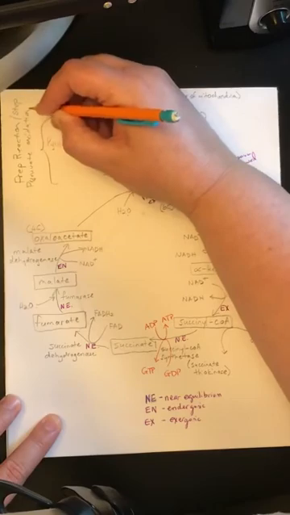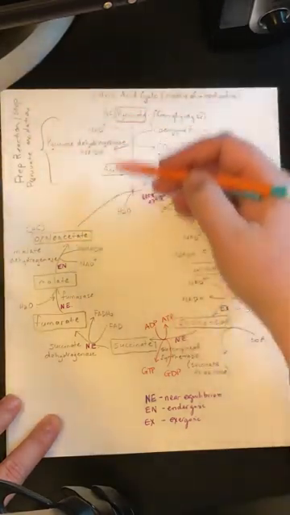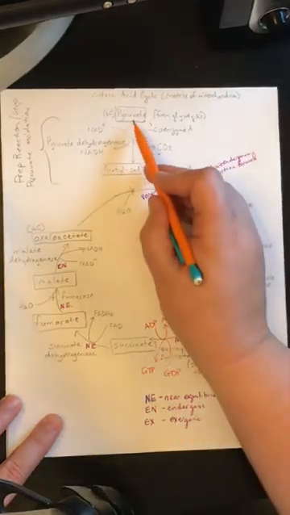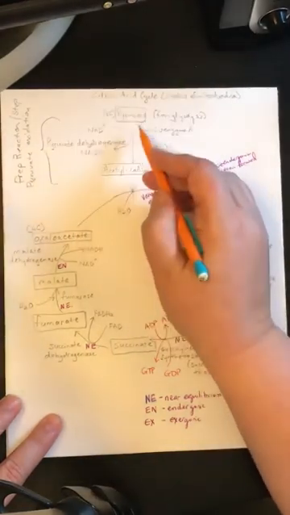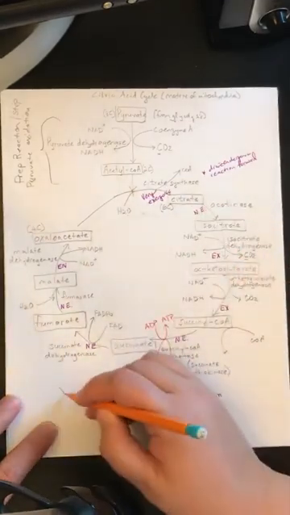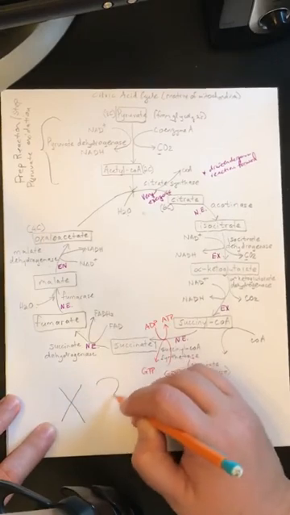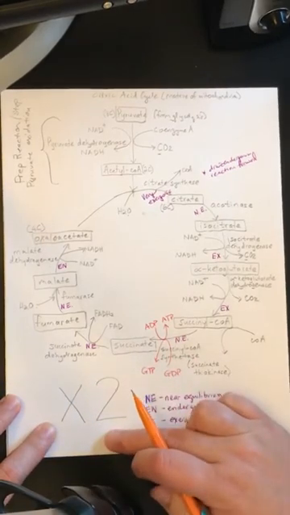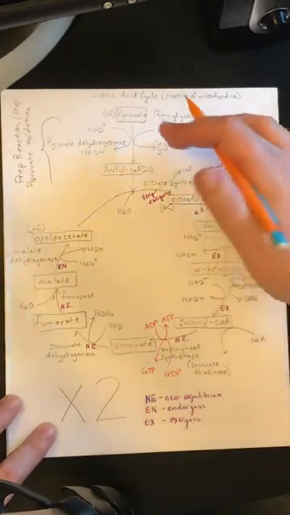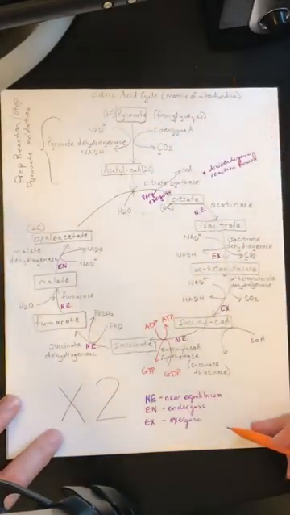So pyruvate oxidation has to happen before the Krebs cycle can occur down here. Remember, when we start with two pyruvates, all of this is going to happen twice. The Krebs cycle is going to spin twice. So put one nice big times 2 down here below your cycle, right? Because you're going to form 2 molecules of citrate from every pyruvate molecule that goes in.